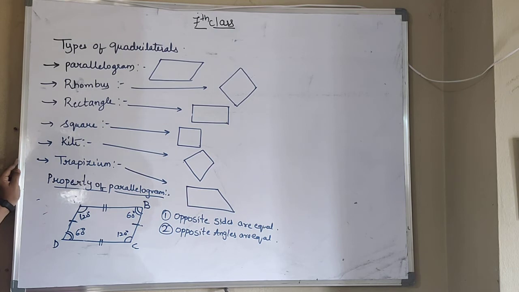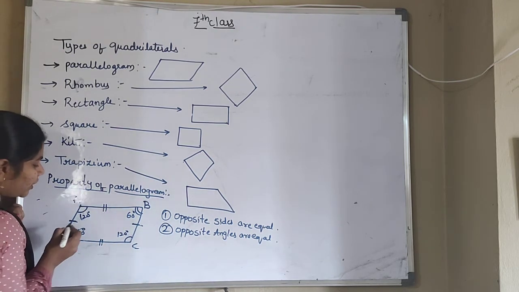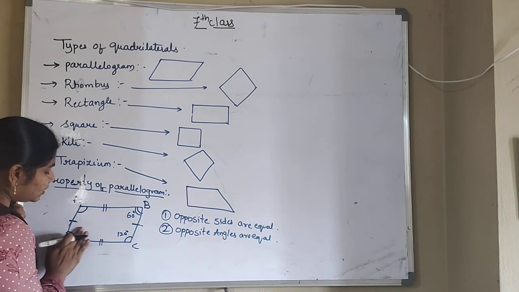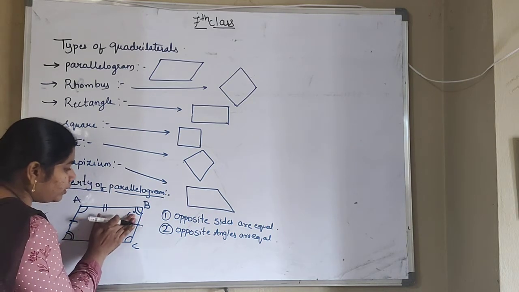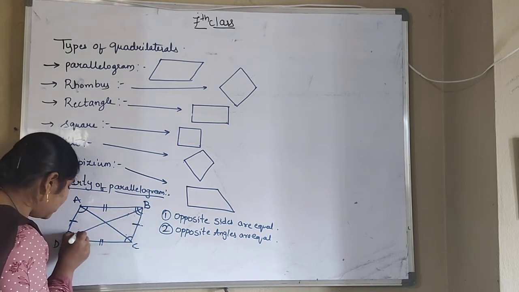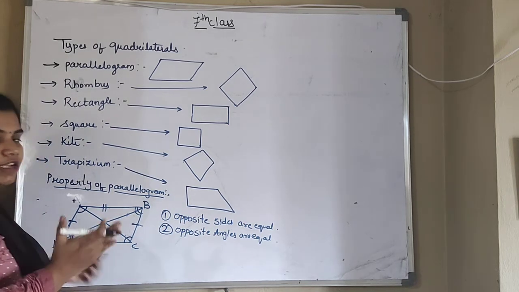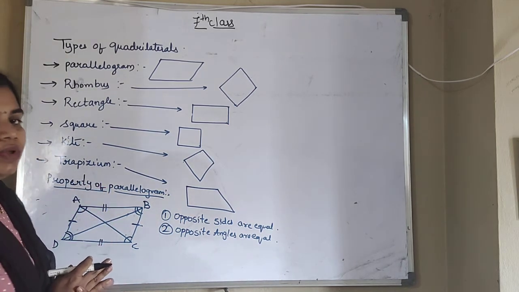Next, diagonals bisect one another. Bisect means dividing into two equal halves. What are the diagonals here? The opposite vertices joined with a line segment we call diagonals. So these two are diagonals and they will bisect each other. That means they will divide into two equal halves.